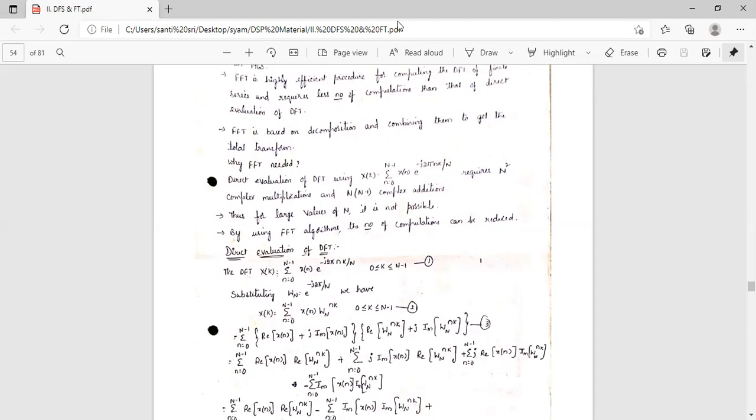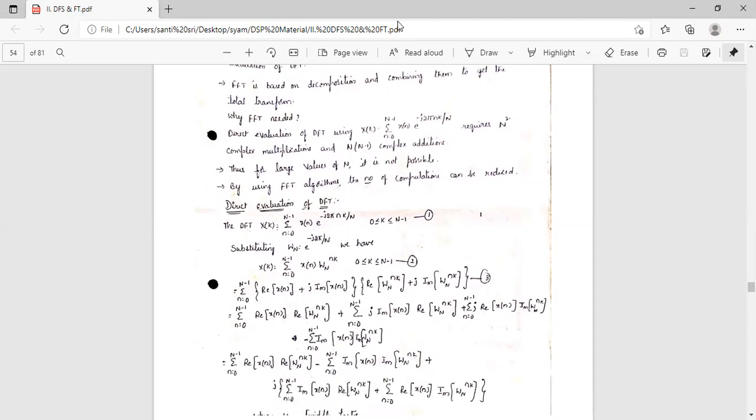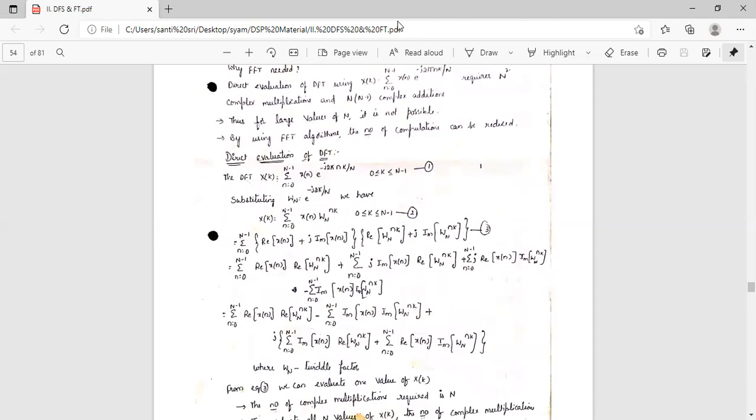Okay, now coming to the direct evaluation of DFT. If you take the DFT formula, that is X of k is equal to sigma n equal to 0 to N minus 1 x of n into e power minus j 2 pi n k by N, where k is in between 0 and N minus 1.